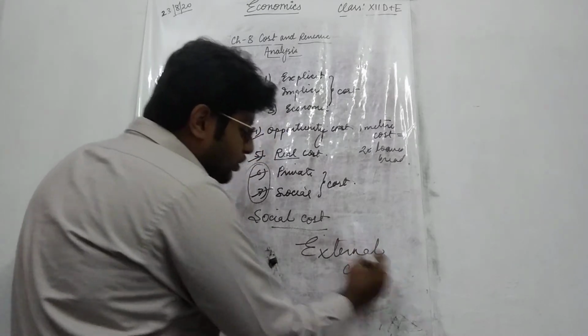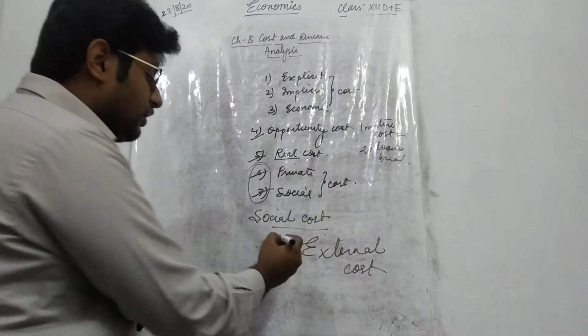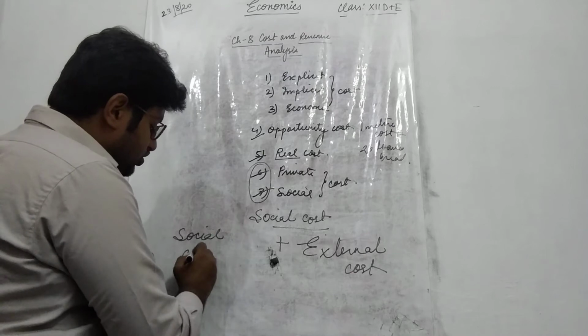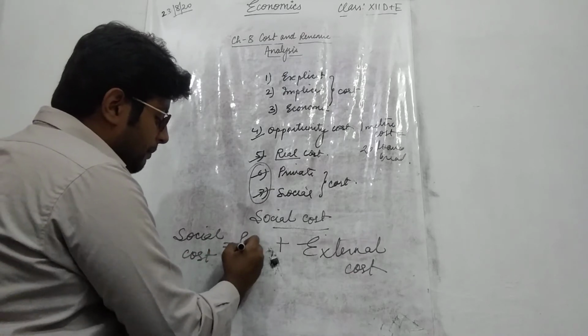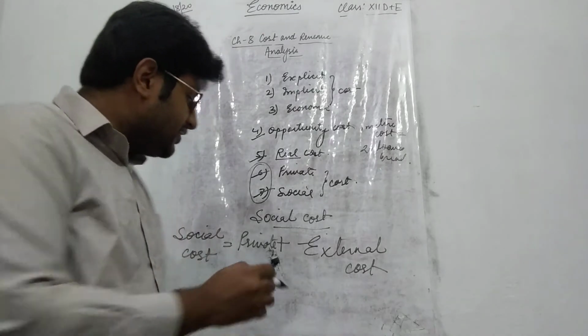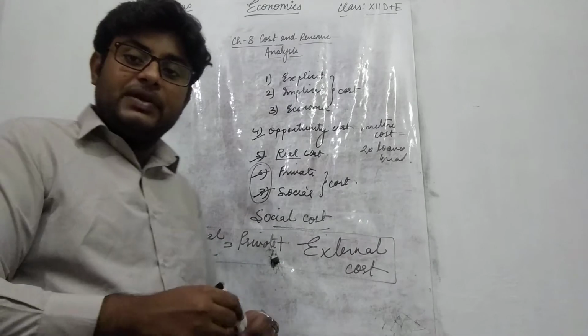Thus, your social cost is equal to the private cost plus external cost. So you can say that your social cost is equal to your private plus external cost. Alright, so it is very important you should learn the meanings with the help of examples.